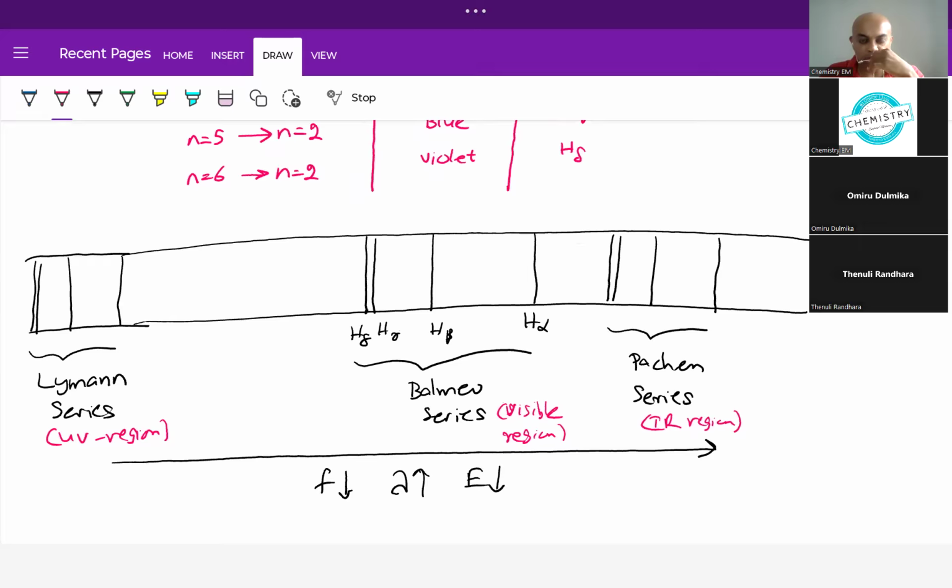The 2D visualization of Lyman, Balmer, and partial will be as follows.